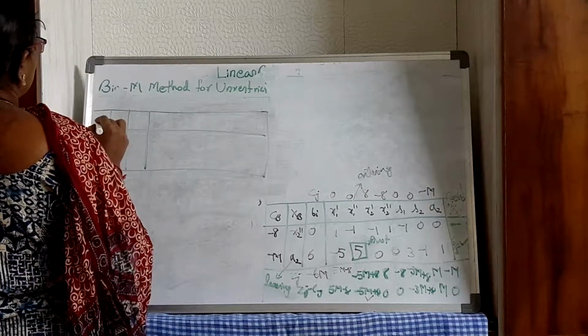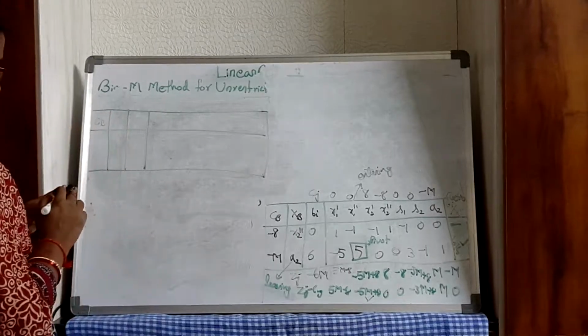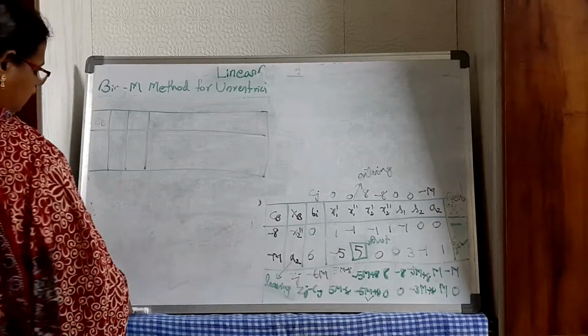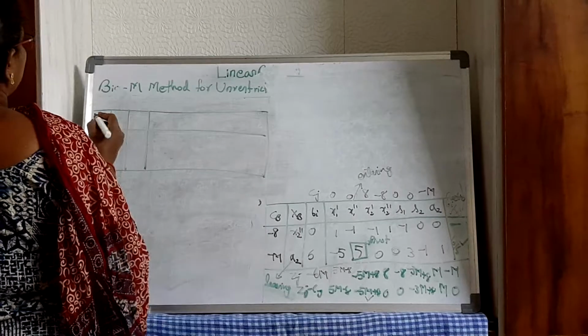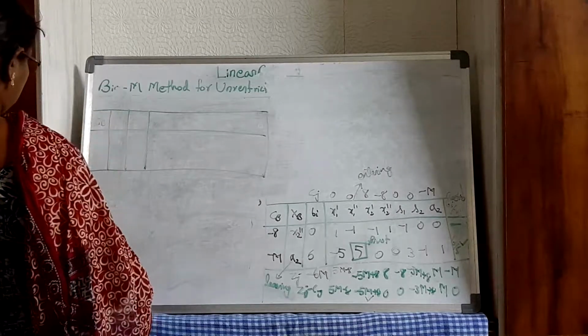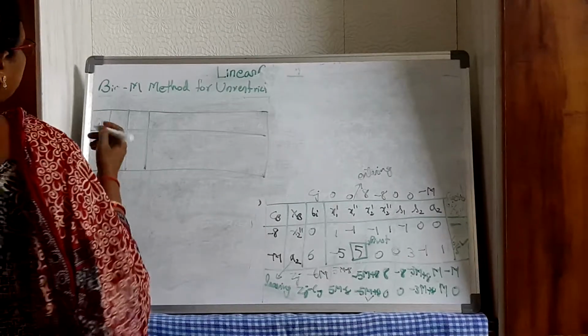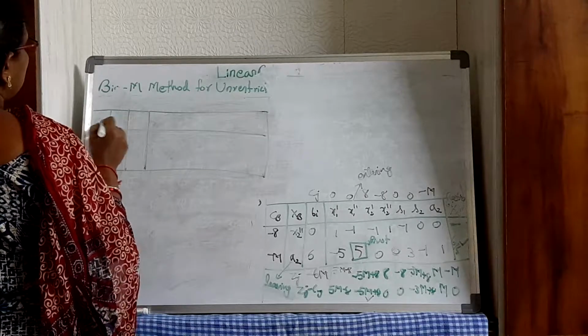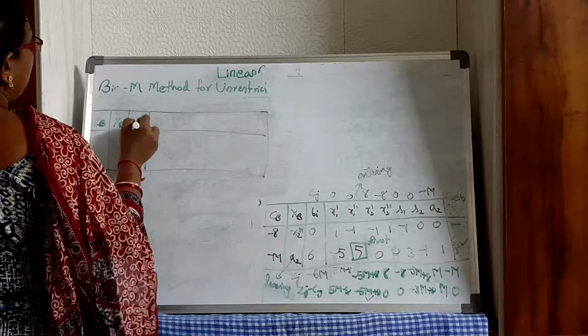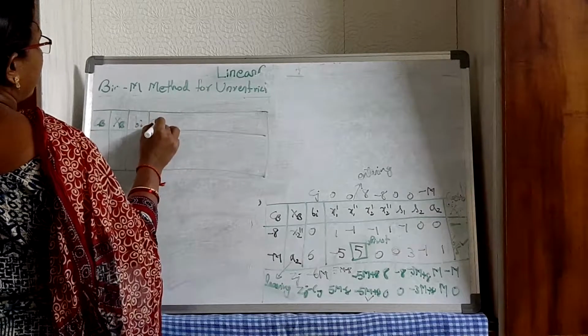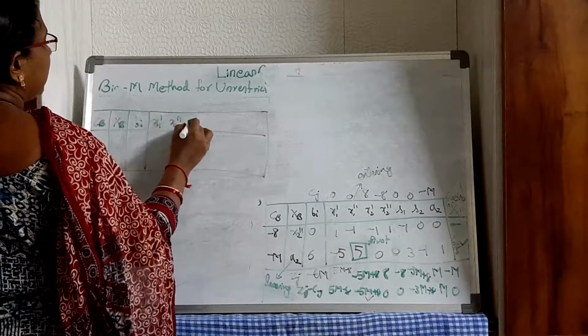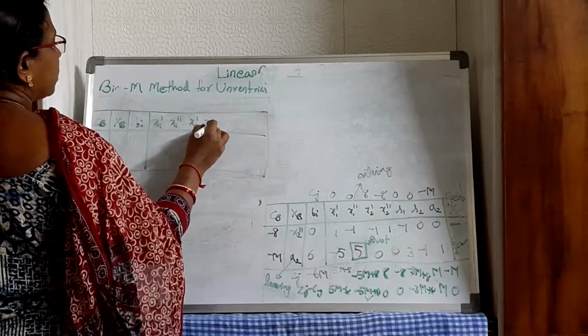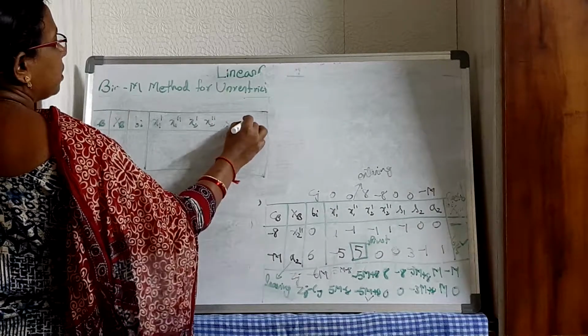So this is CV, this is XB, this is BI, X1 dash, X1 double dash, X2 dash, X2 double dash, S1, S2.